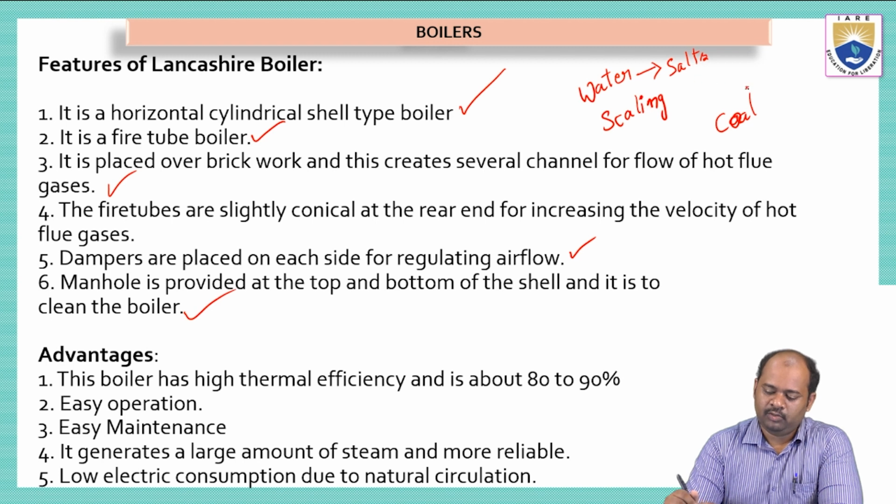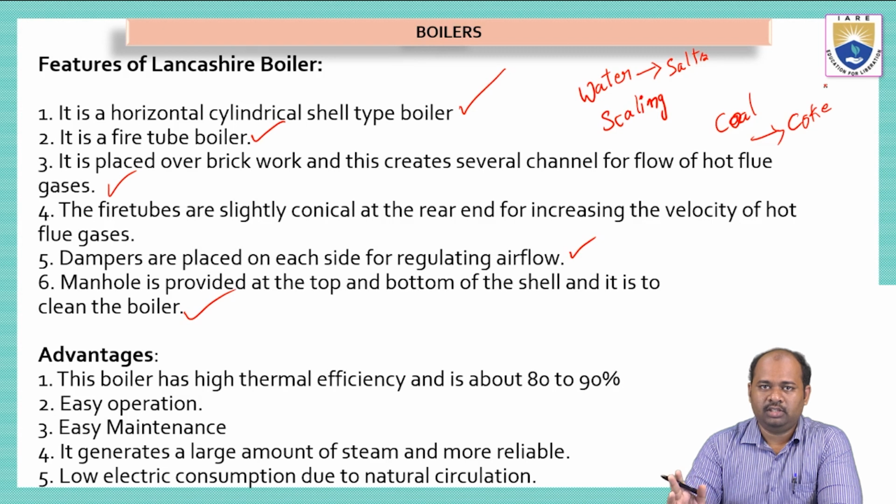And after that, we use coal, because of which we may see the formation of coke on the internal surface of the furnace. We will see the formation of dark colored matter. This also has to be removed, otherwise it may lead to more and more heat loss.